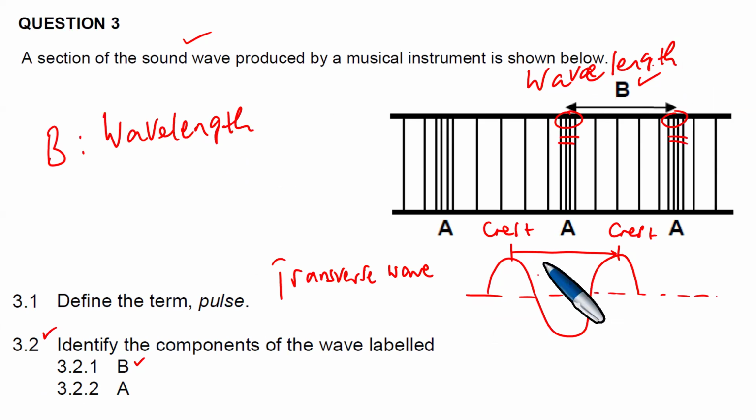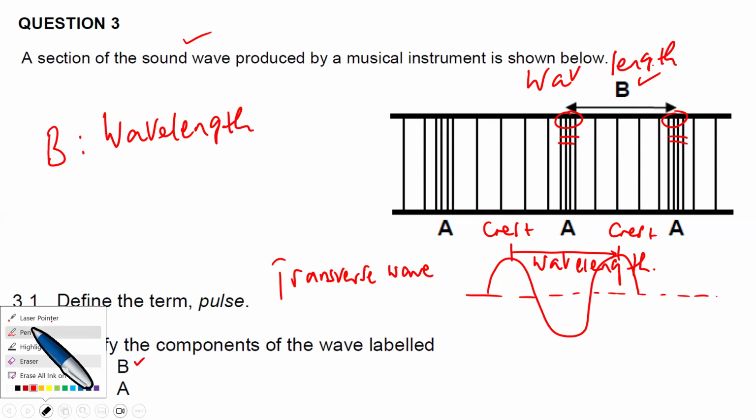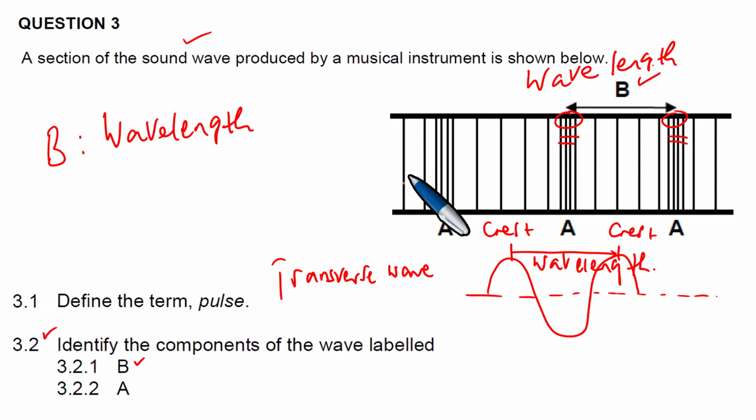From crest to crest, or from trough to trough, is called the wavelength. So take note of that, and we continue to look at more things that matter.